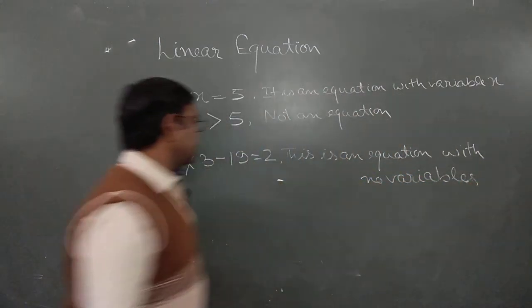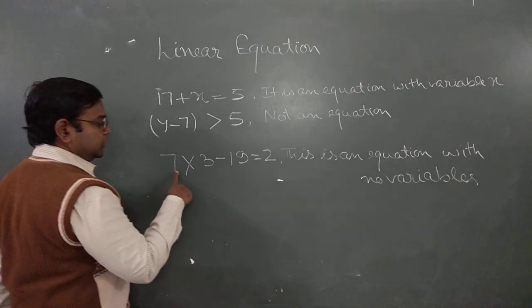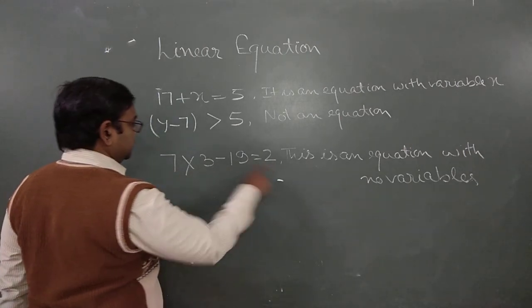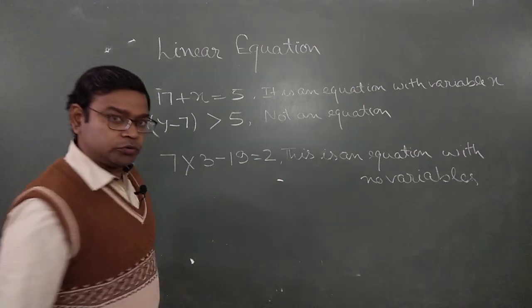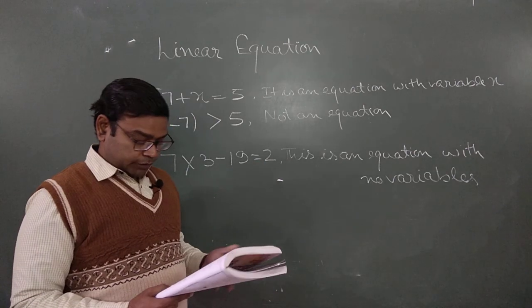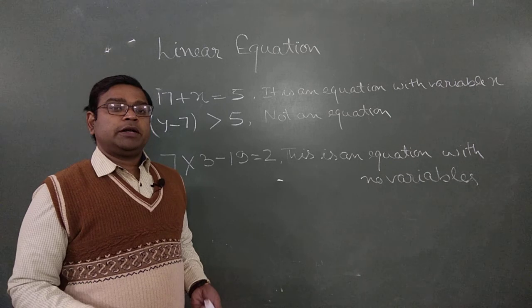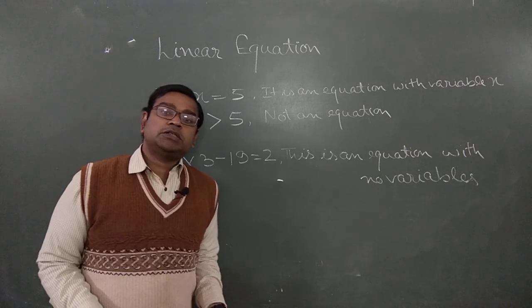How do we say whether this is a variable equation or not? See, this part is equal to this part: 7 times 3 is 21, and 21 minus 19 is 2. So likewise you have to find out which one is an equation and which one is not.